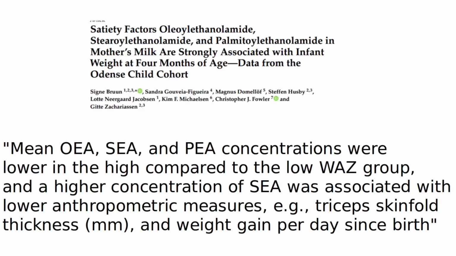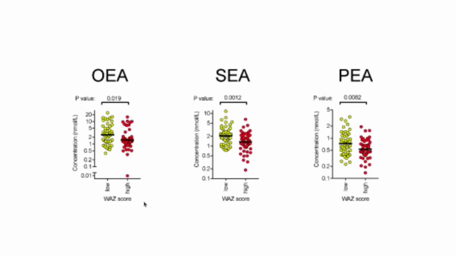And a higher concentration of SEA specifically was associated with lower anthropometric measures, e.g. triceps skin fold thickness, and weight gain per day since birth. Infants who were heavy for their age tended to be, and that's the red dots, lower. When infants are ingesting these ethanolamides from their mothers, maybe that is having some effect in controlling their weight.